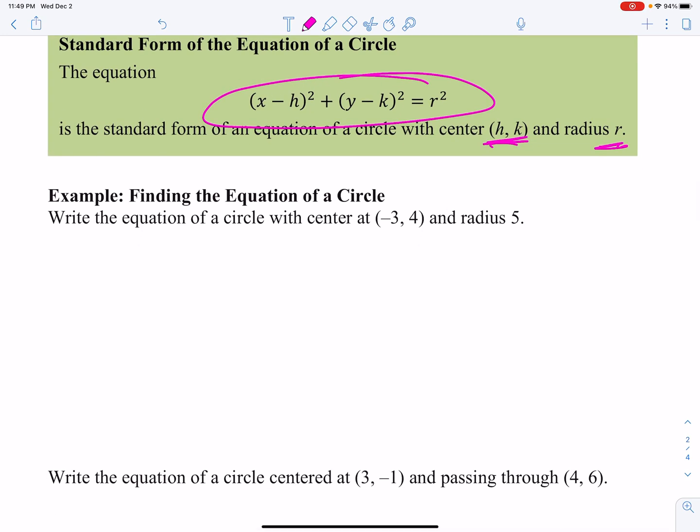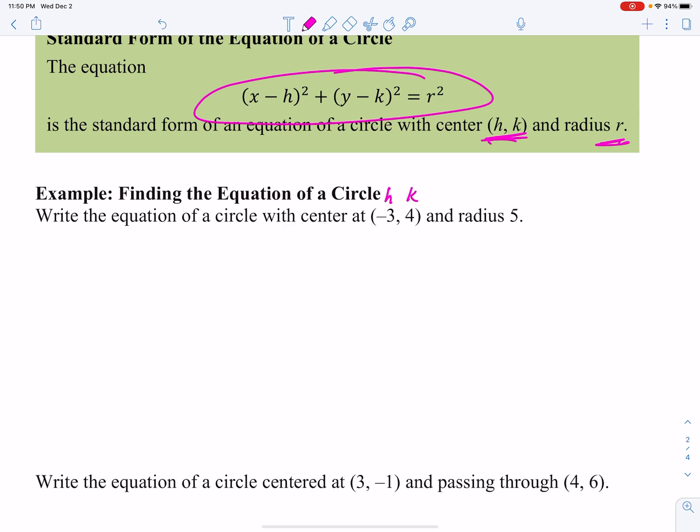Write the equation of a circle with center at negative 3, 4 and a radius 5. So remember, this is h, this is k, and this is r. So we just plug into that formula, nice and easy. x minus, well, here, let me write it out. Minus negative 3, right?